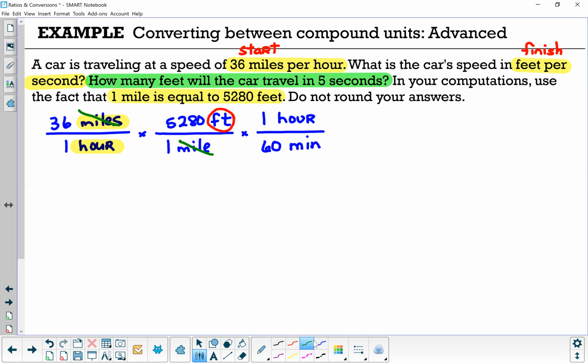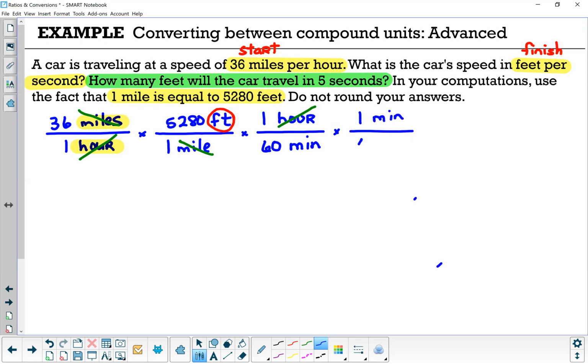Let's analyze our units. Hour divided by hour. So now hours is eliminated. We have minutes. We got to get to seconds. So we need to do more. Okay, how can we convert minutes? We have 1 minute is equal to 60 seconds. So again, I'm going to put 1 minute in the numerator.